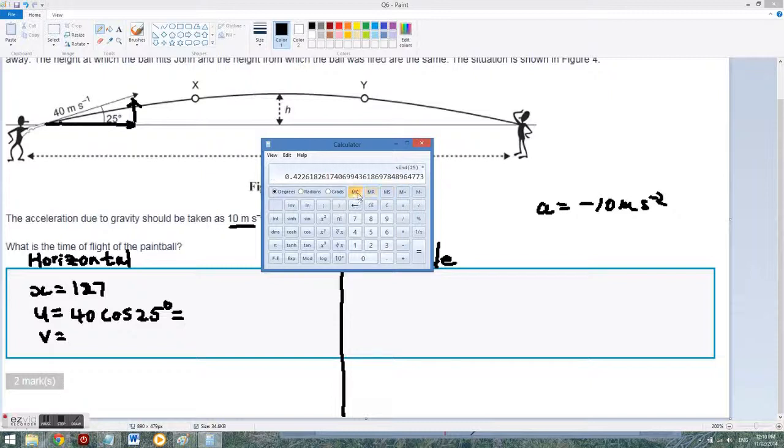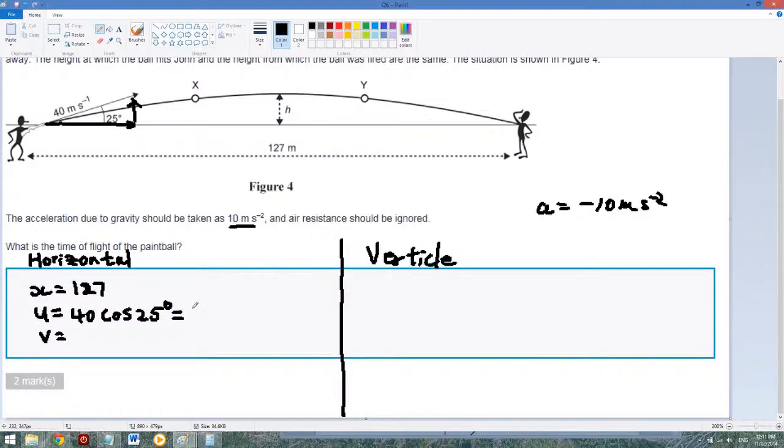I think I made a mistake. Sorry, it's just not clear with the calculator. Just give me a second. Sorry. Clear everything.